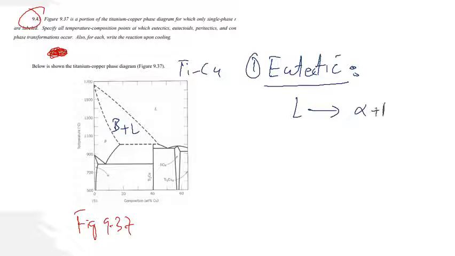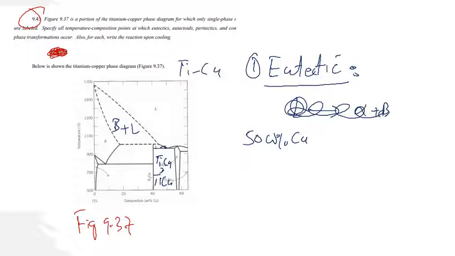In our case, here is liquid and here is the mixture of two solids, which are Ti2Cu and TiCu. This occurs at about 58% Cu.